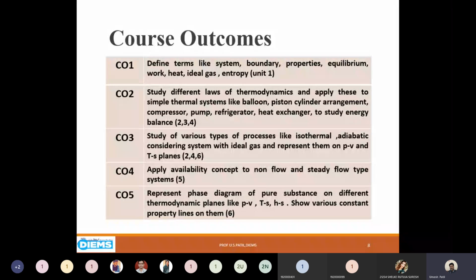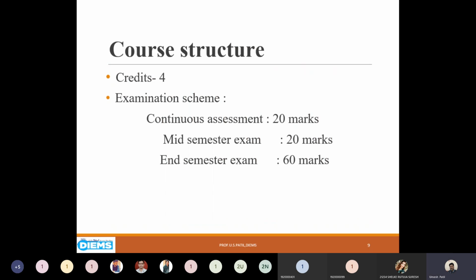Then we discussed the program outcome structure, what the structure of the third semester in BTech mechanical engineering will be, and the program outcomes and course outcomes. Now today we'll begin this session with the course structure.